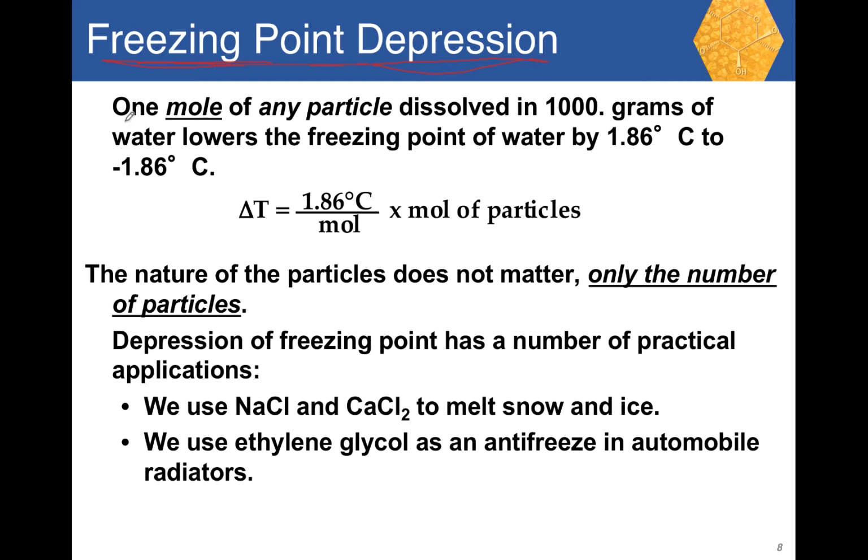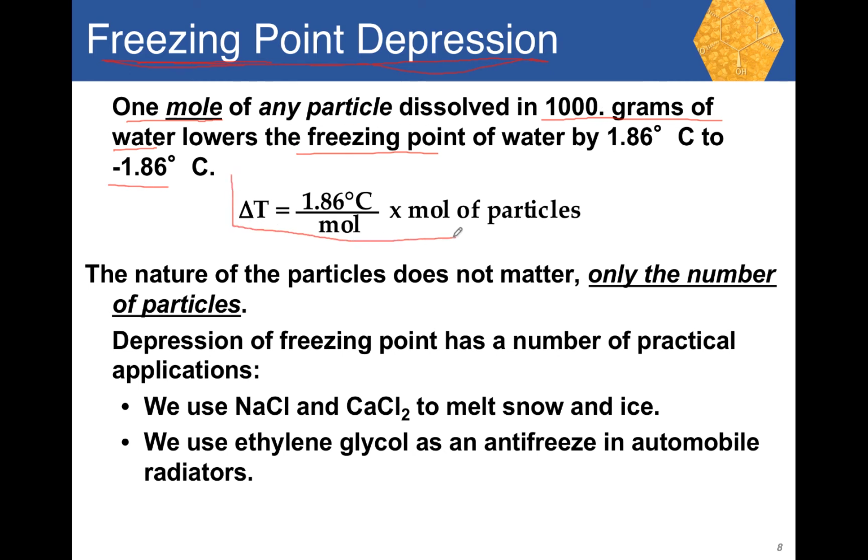By definition, 1 mole of any particle dissolved in 1,000 grams of water lowers the freezing point. So if you put a mole of any substance, particle, in 1,000 grams of water, the freezing point of water is lowered. It's lowered by minus 1.86 based on this definition.